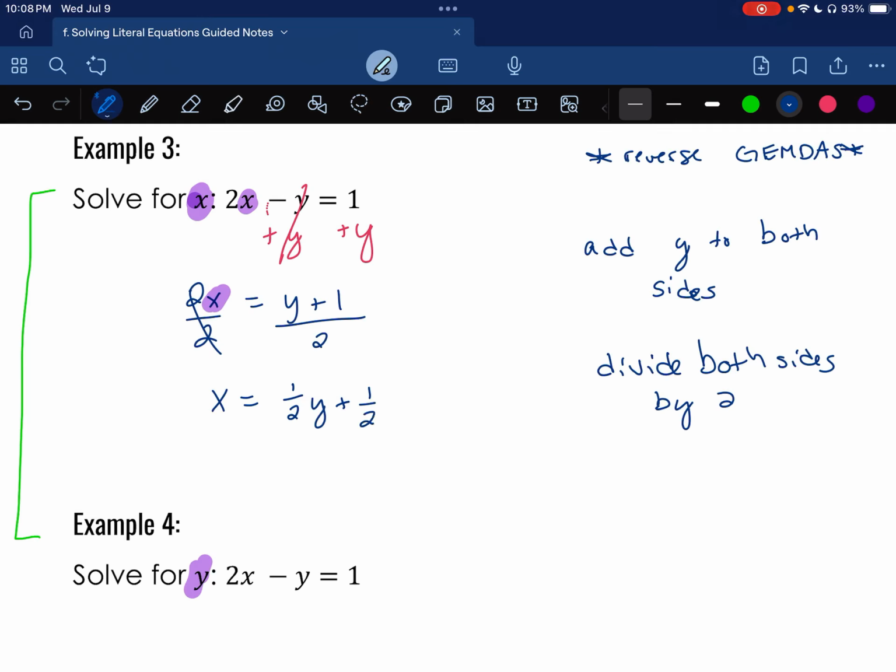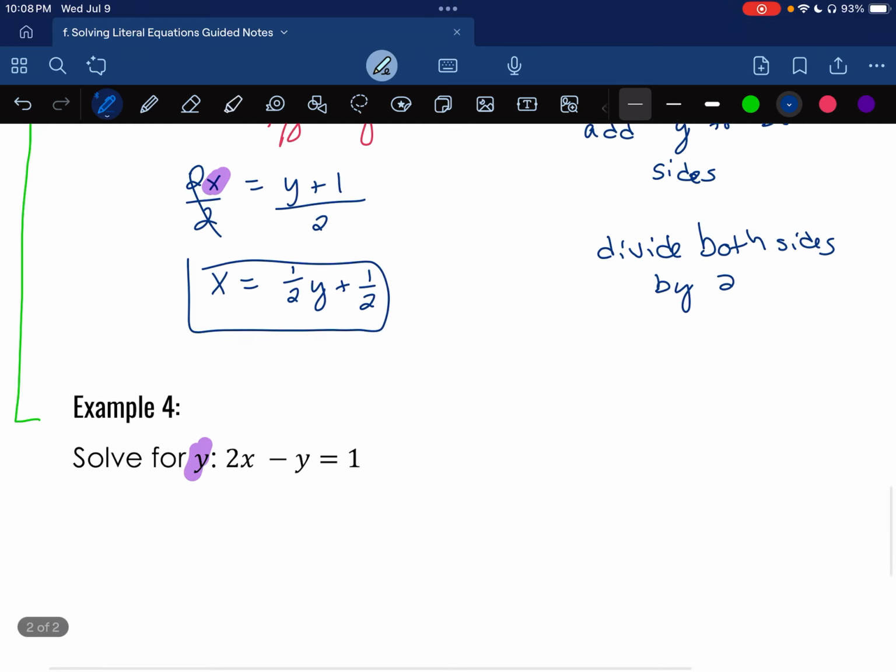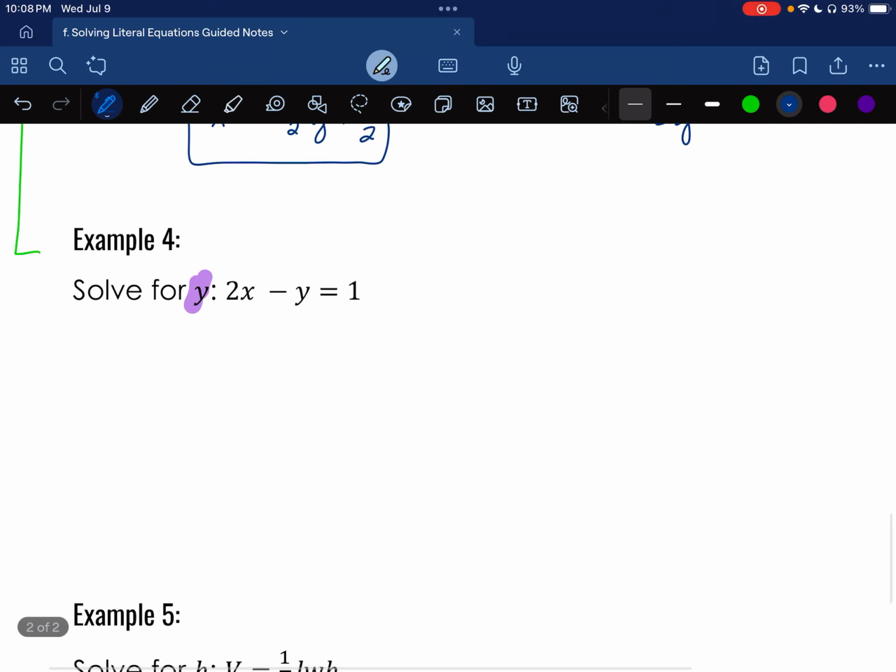Alright, now remember example 4 starts out with the same equation, but now we're going to see what it looks like in terms of y instead. So to get y alone, first I have to get rid of this here. Here we're adding 2x, so I'm going to have to subtract 2x from both sides.